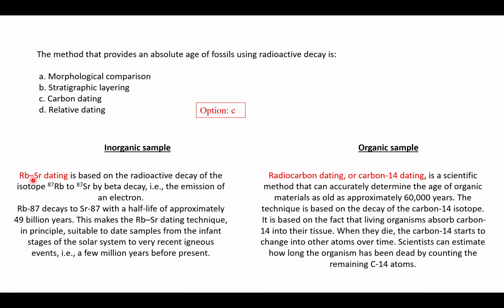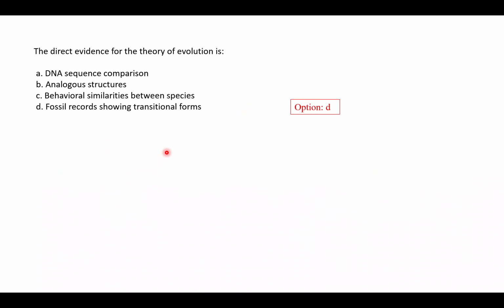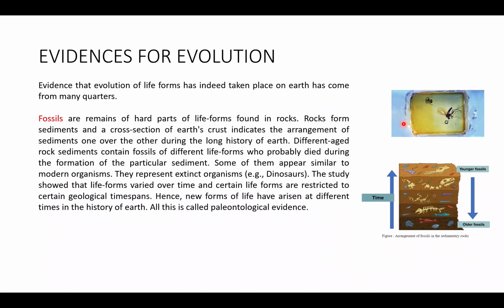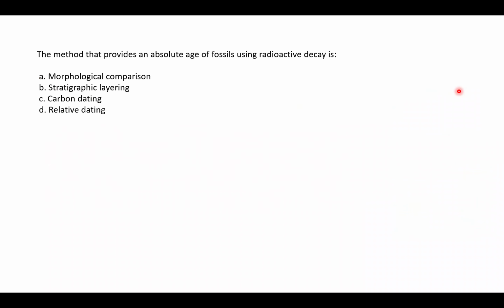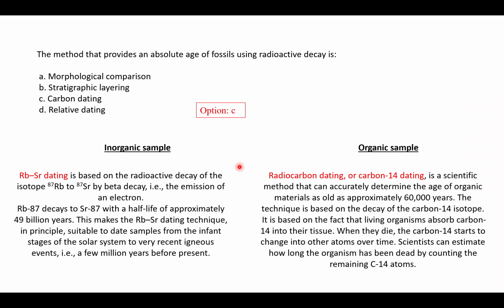Just to remind you, there are two types of dating. One is rubidium-strontium dating, and one is carbon dating. There are two samples. One is rock, which is an inorganic sample, and another is an organic sample, like let's say this mosquito trapped in this quartz or stone. Whatever we get from the mosquito is organic matter. And let's say you want to identify the age of a rock.